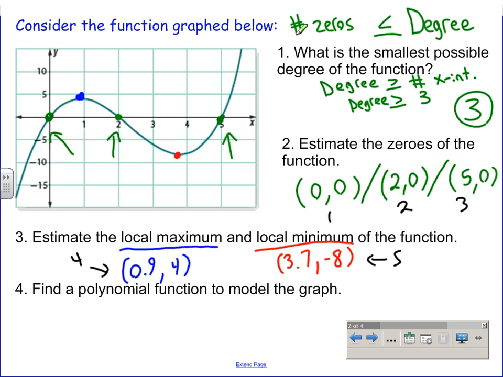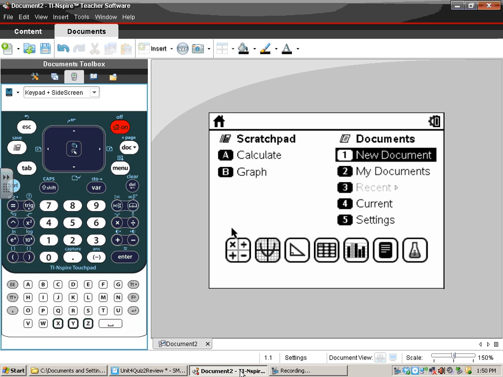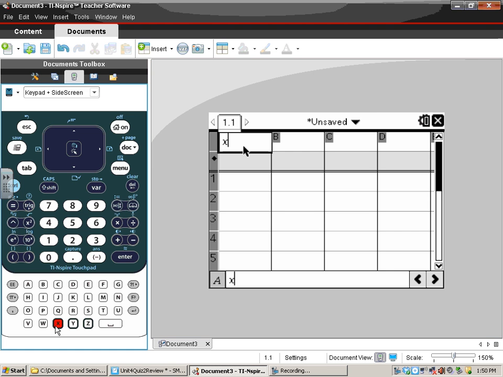And I need to use a regression in the calculator. So I'm going to open up my calculator, go to home screen, new document, lists and spreadsheet. A column is my x, B column is my y.